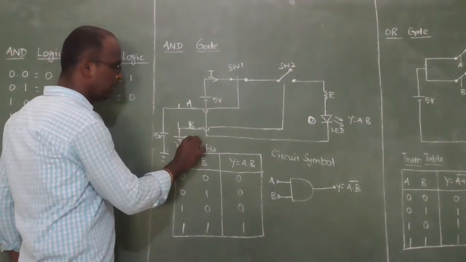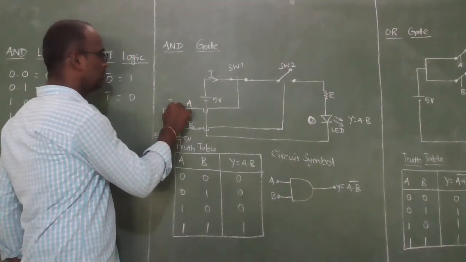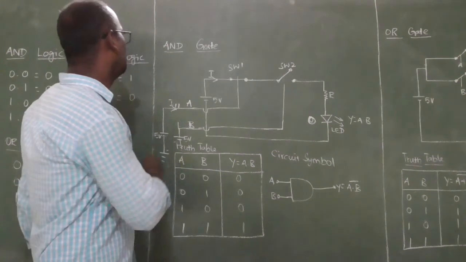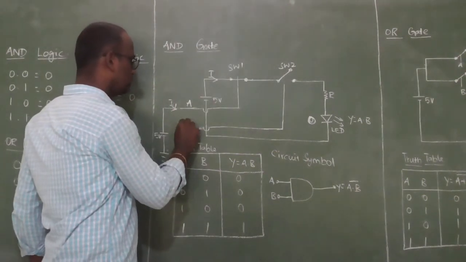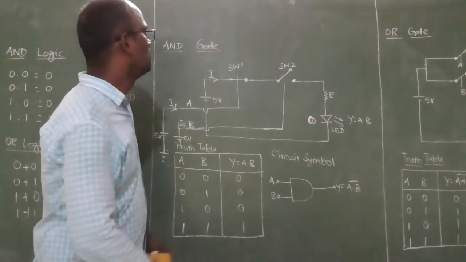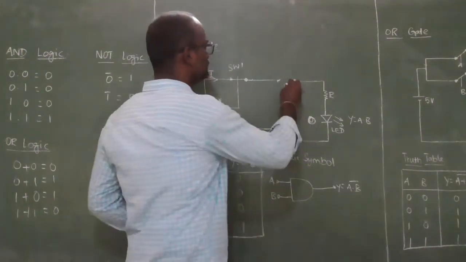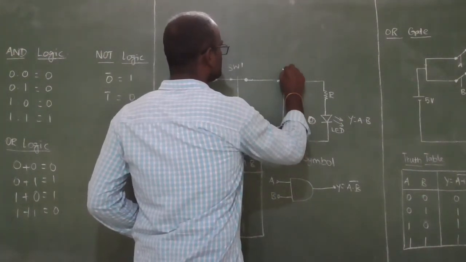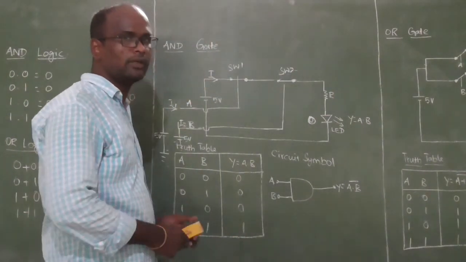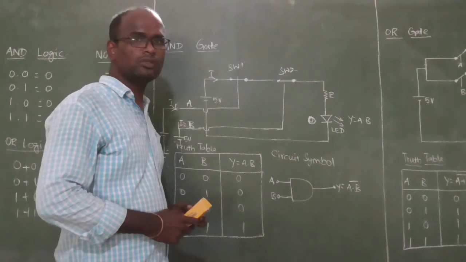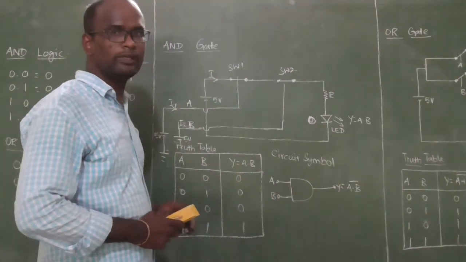Here also we are applying 5 volt battery, so that the current I1 will enter into the input A, and I2 will enter into the input B, so both the switches go to closed condition, since we are applying 1 for both the inputs.